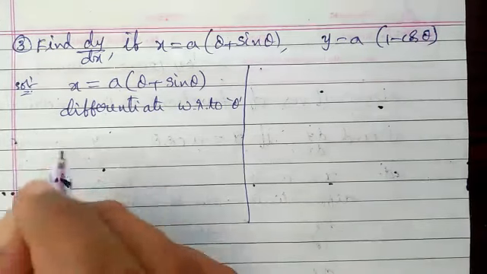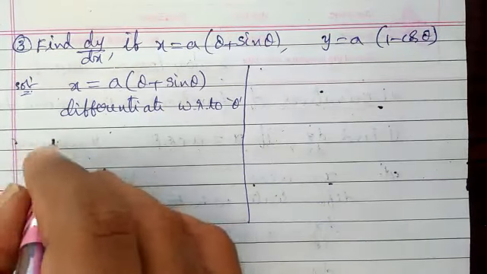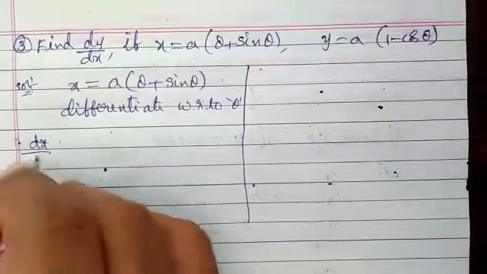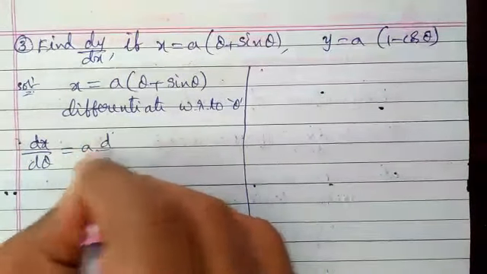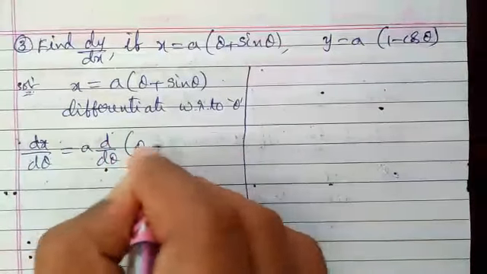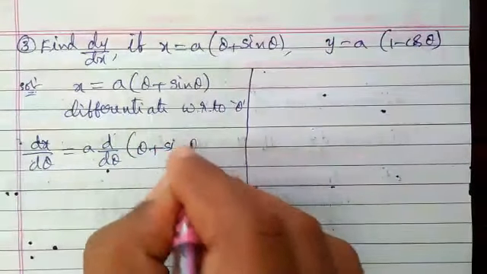Differentiate with respect to theta. dx by d theta is equal to a into d by d theta of theta plus sine theta.